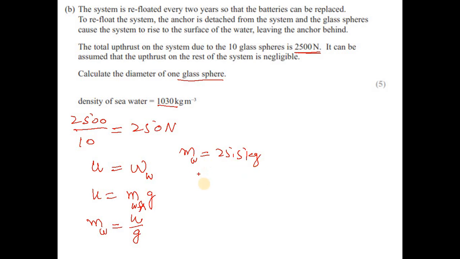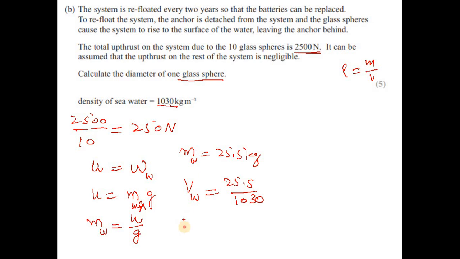And then volume of the water: because density is mass over volume, volume is mass over density, so 25.5 divided by density, and density is 1030 given here.